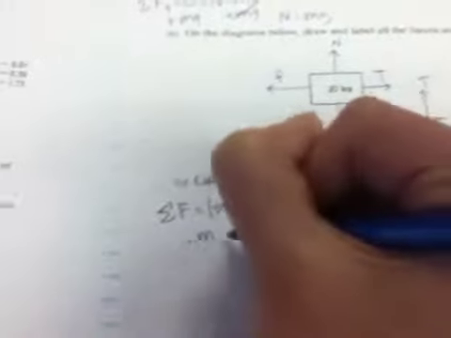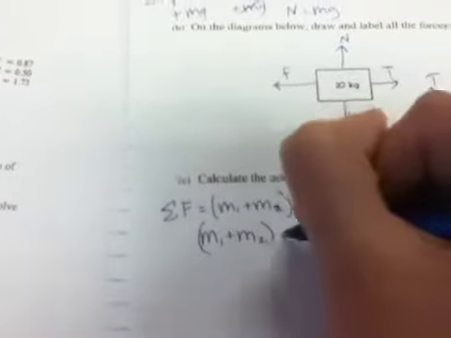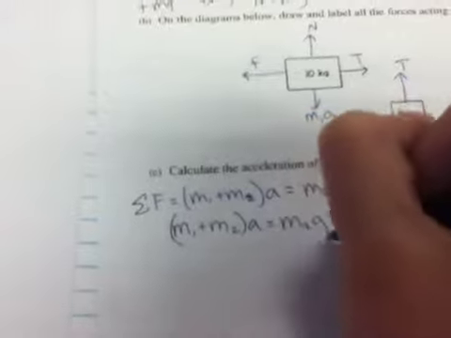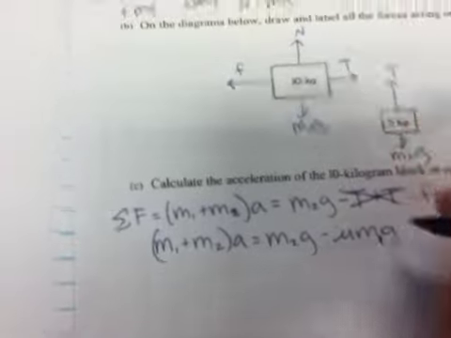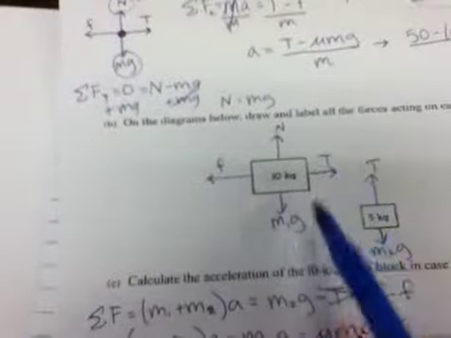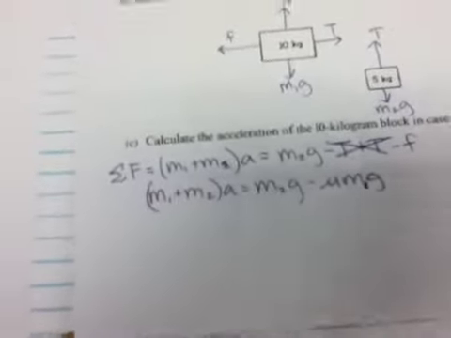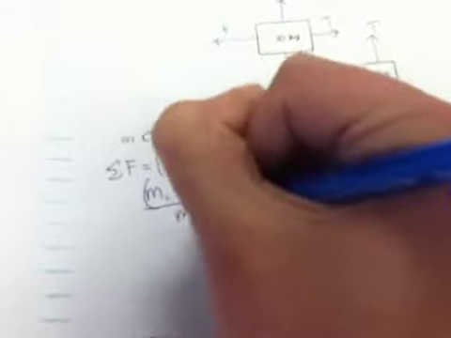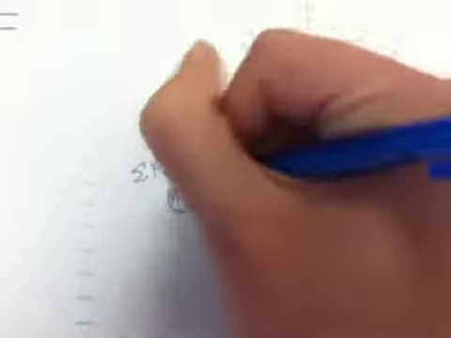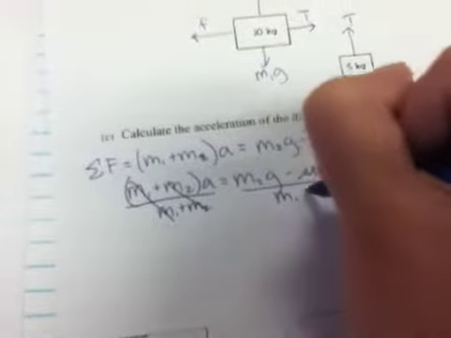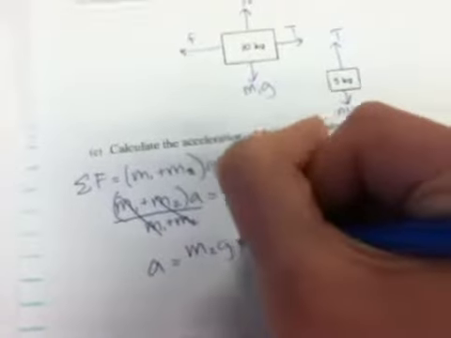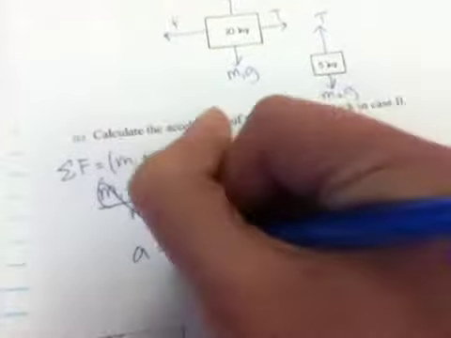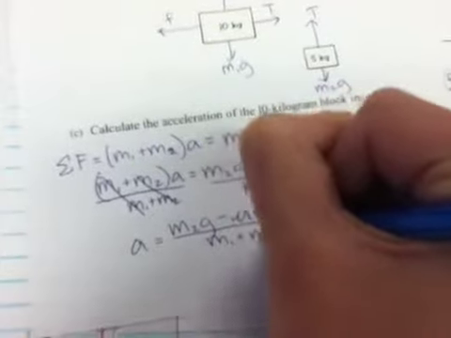So let's rewrite this: m1 plus m2 times acceleration equals m2g minus mu m1g, because remember our friction only has to do with this 10 kilogram block, M1. And we're looking for acceleration, so we're going to divide both sides by M1 plus M2. So our acceleration ends up equaling M2g minus mu M1g, all divided by M1 plus M2.